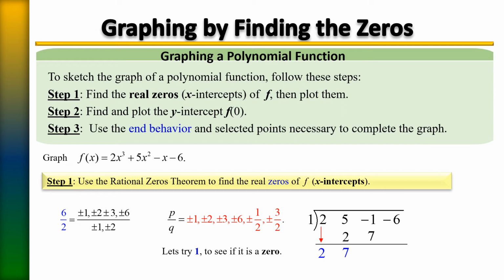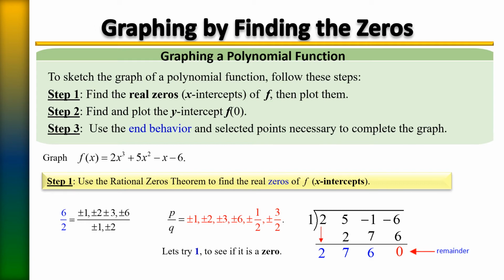Bring down a 6, multiply that with 1 to get 6, and we will bring down a 0, and since the remainder is 0, that is proof that 1 is a 0 of this polynomial function.